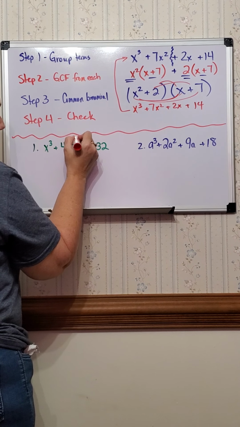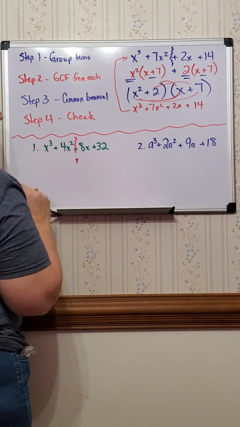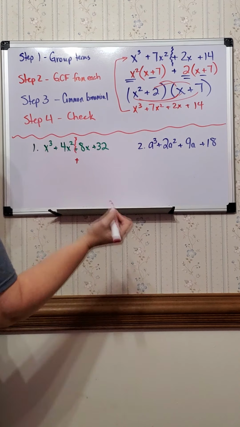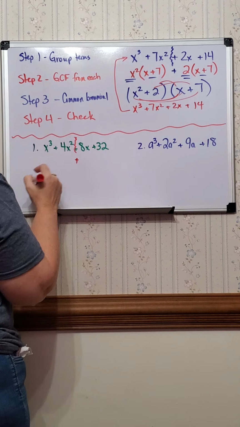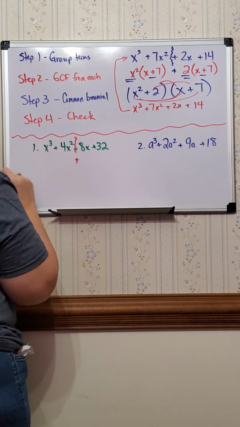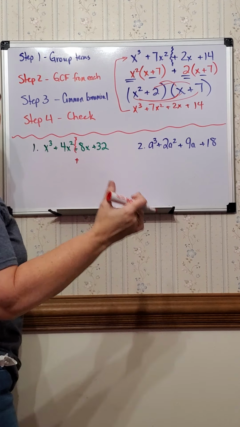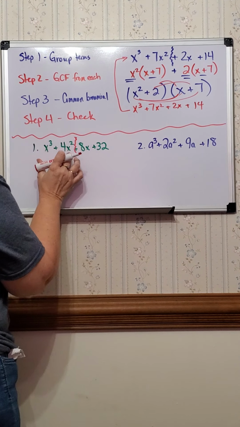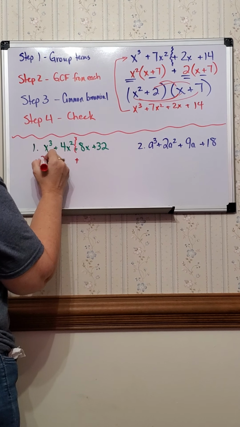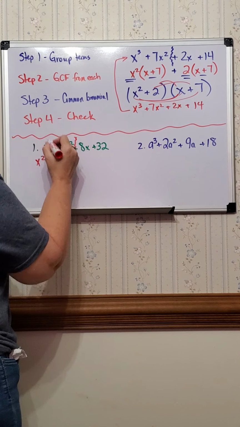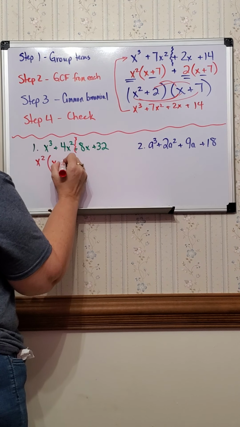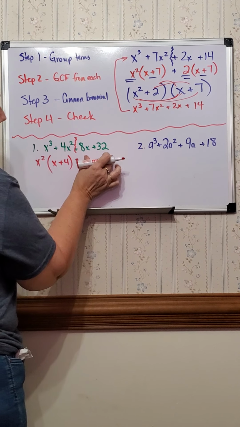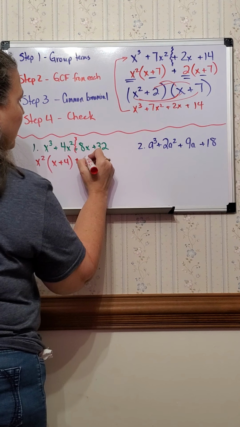Again, we're going to divide it right down the middle. That's a plus, and we'll bring that plus down. I'm going to use this side, and then I'm going to use this side. So I group the first 2 terms together, group the third and fourth terms together. I'm going to go ahead and pull out a greatest common factor. In this case, I've got x squared that I can pull out, which is going to leave me an x plus 4. Here, I can pull out a 4.